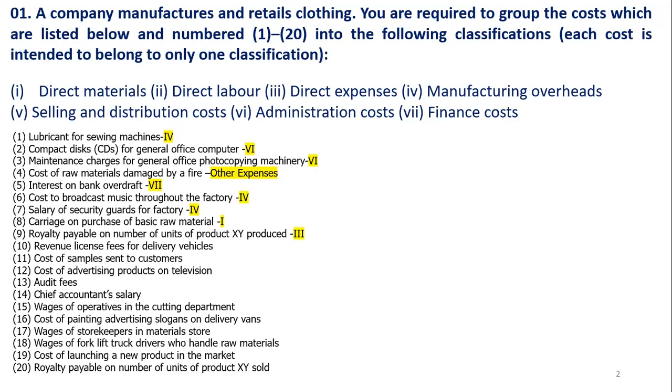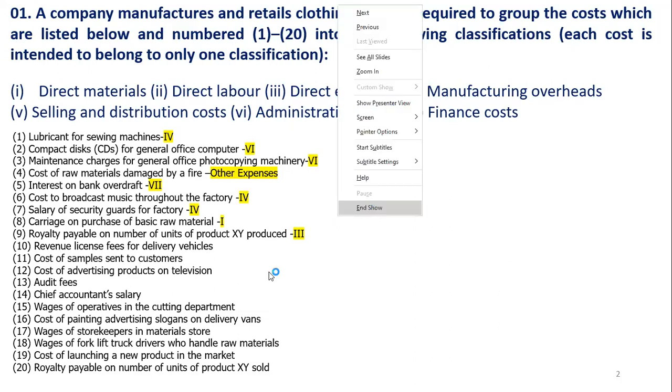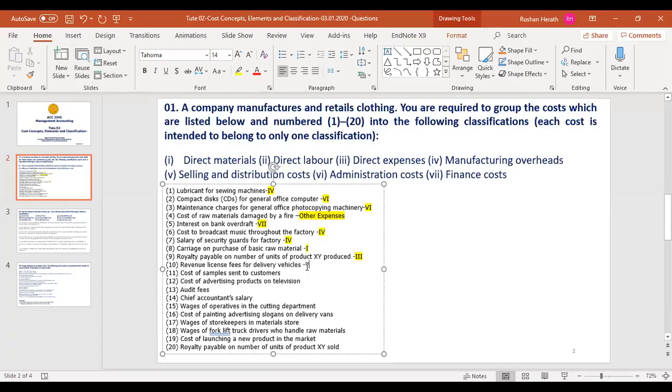So the cost, the legal charges that you would incur in that respect, the registration fees, the revenue license, the legal charge. It's nothing to do with manufacturing, but it's relating to the delivery vehicle, so we can consider it as a selling and distribution cost, as you have indicated. So therefore the appropriate category is going to be category 5, selling and distribution cost. Good.